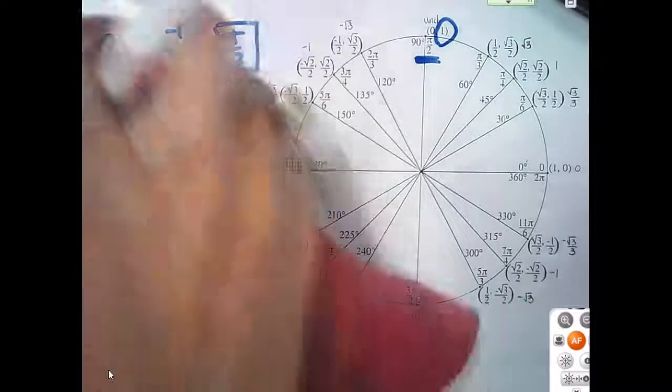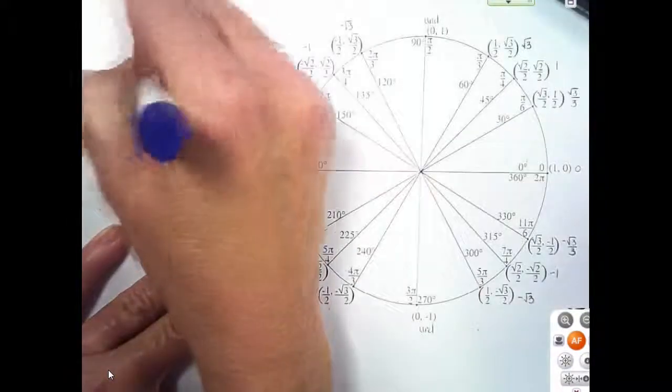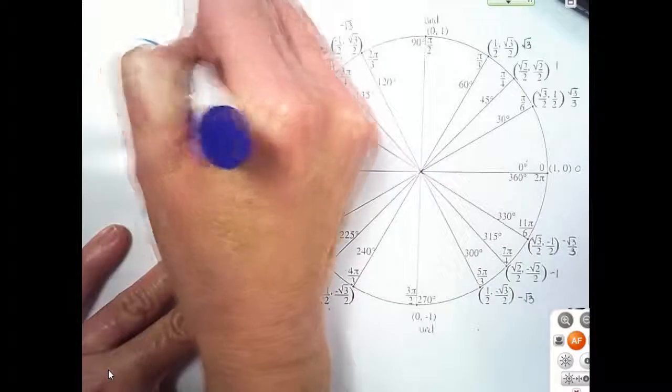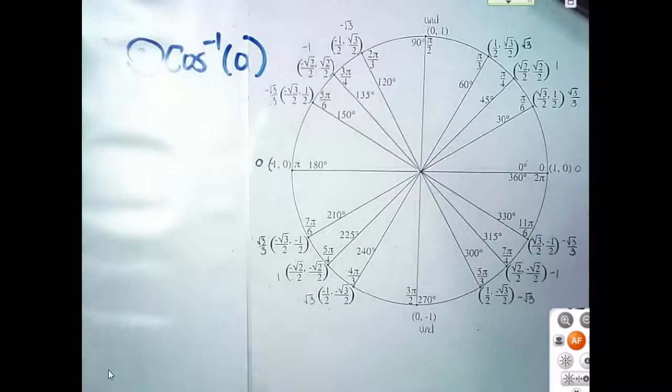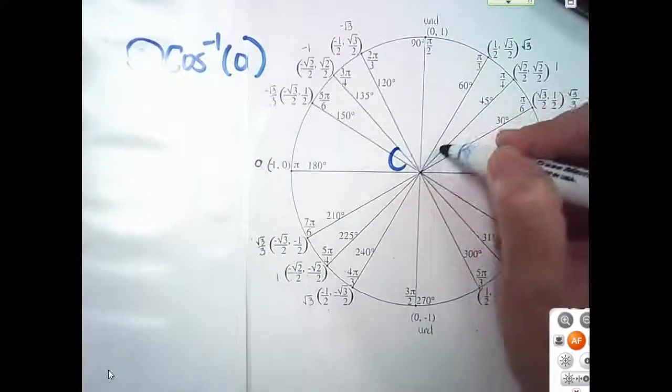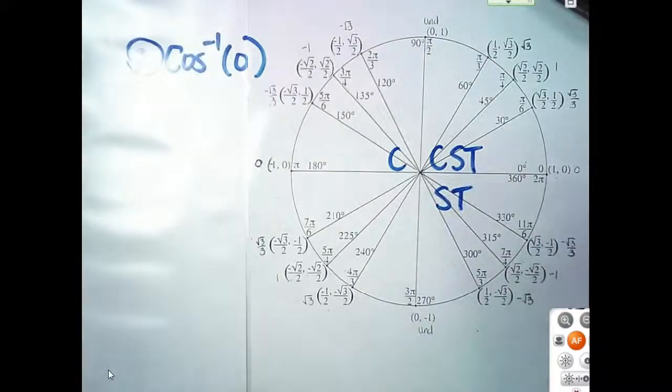Number 2. If I asked you for the inverse cosine of 0. Remember, cosine is allowed here. Here's where you're allowed. It's important, the inverse. Cosine means x.